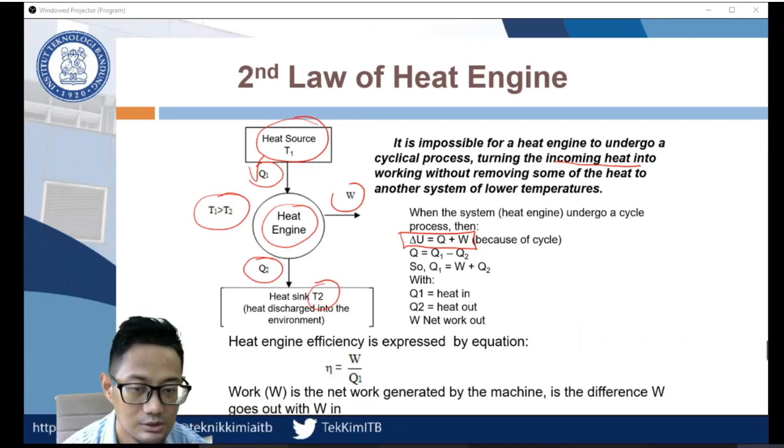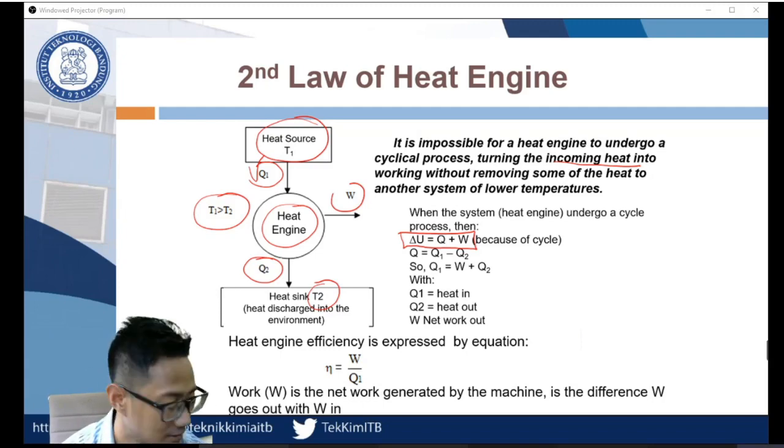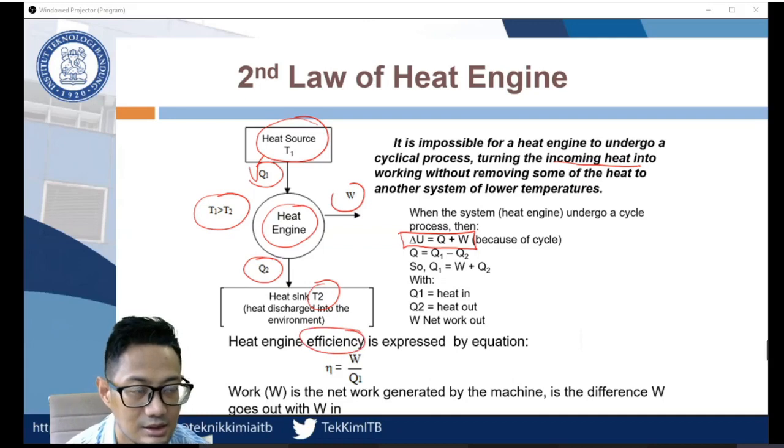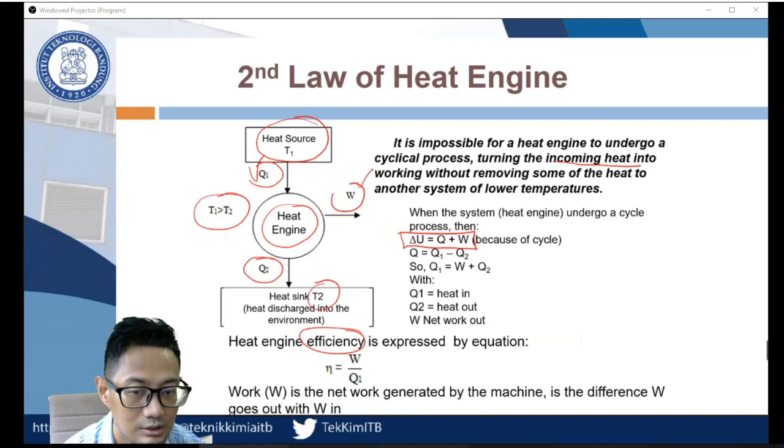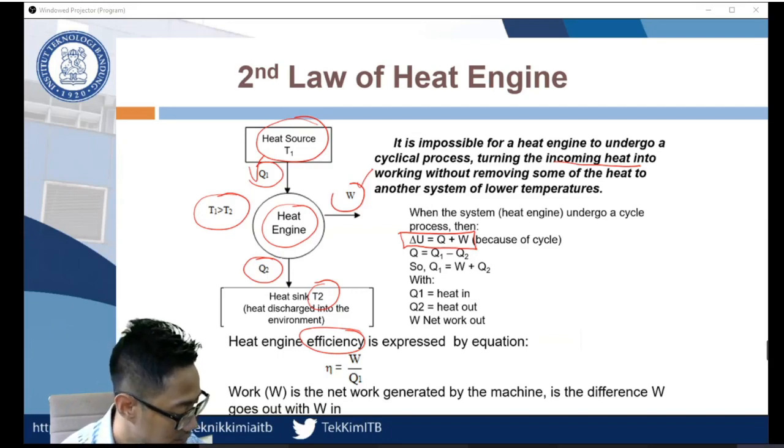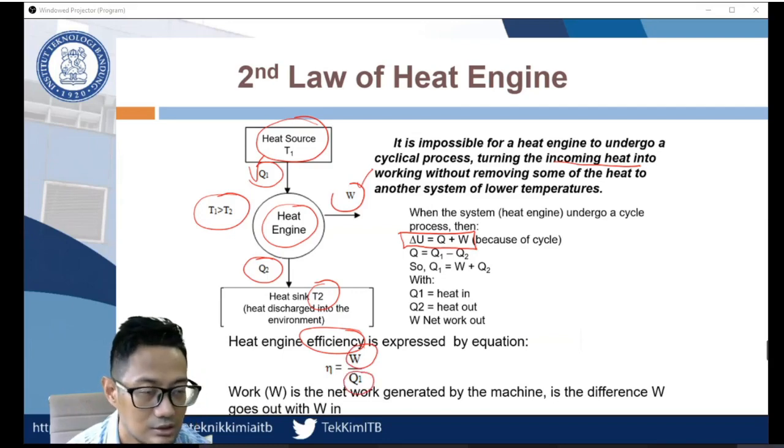And the one that we should understand in this system is what is called efficiency, heat engine efficiency. So basically the output, that one is work, divided by input. The input is the heat supplied from the heat source. So W by Q1.